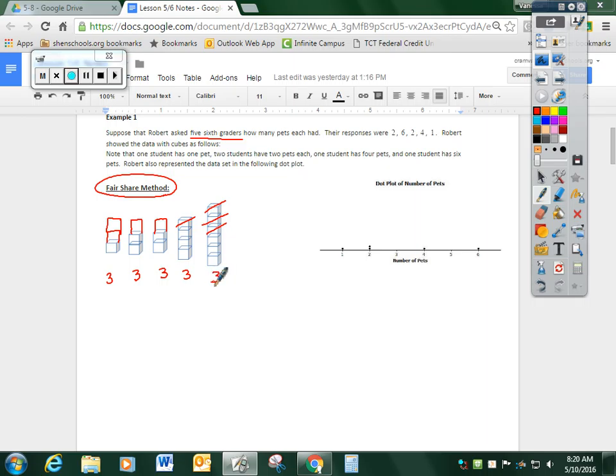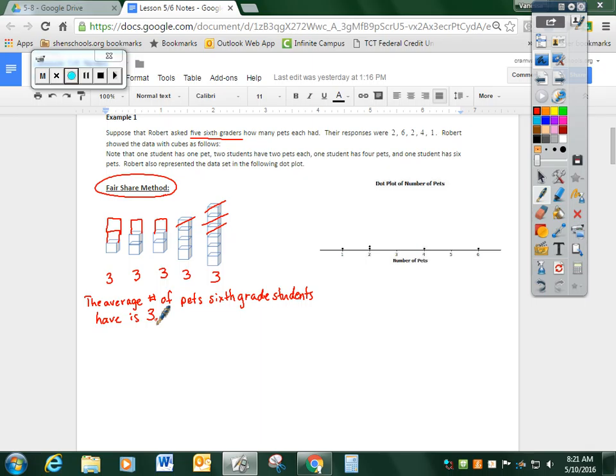Therefore, a general statement can be made: the average number of pets 6th grade students have is 3. On average, everyone has 3 pets.